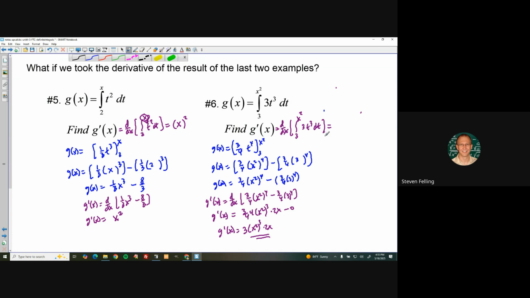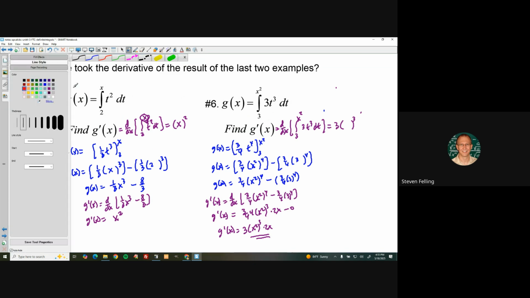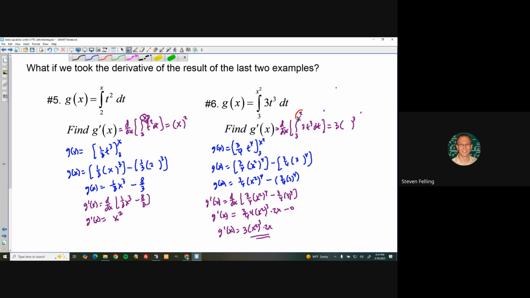So what should happen is the derivative and the antiderivative are canceling, and that's going to just leave this function, 3 times something cubed. What I'm going to do is plug in this x squared into here, but because that wasn't an x, I'm going to multiply by the derivative by the chain rule, and sure enough, that gives me the answer without having to go through all of this work.